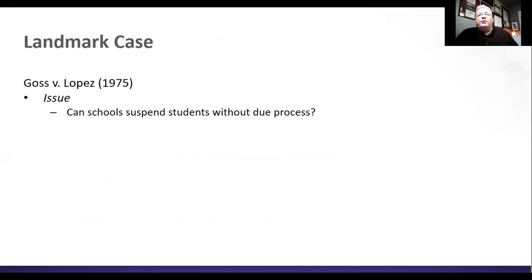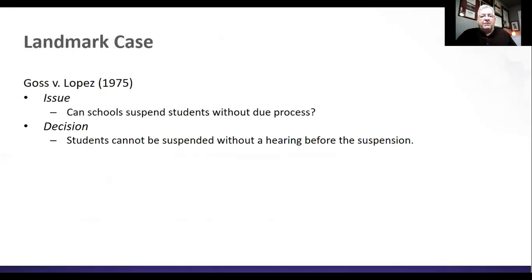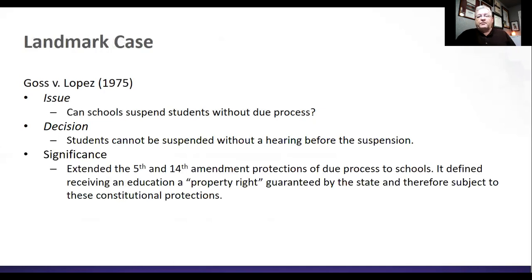And it went through the whole court hearing process, to the district court, to the appellate courts. And basically, the Supreme Court says that you can't suspend a student, you can't rob them of that property right, of that right to an education, without offering them due process or a hearing. In this case, it was a hearing before the suspension.